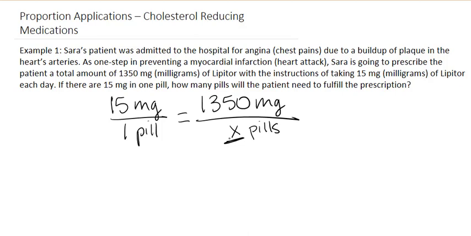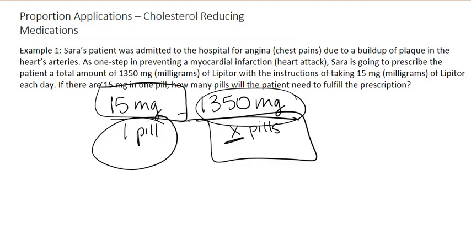So now we can choose to do some cross multiplying in order to solve for X. So we would go ahead and multiply what is across from each other. So we would go 15 times X is equal to 1,350 times 1.